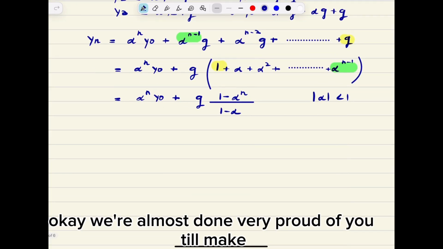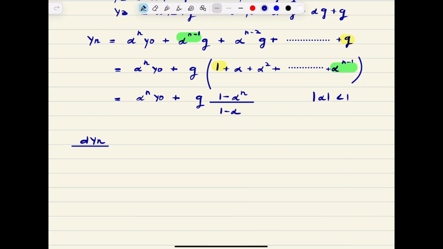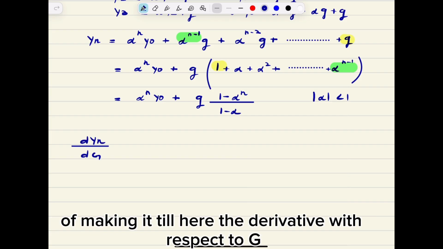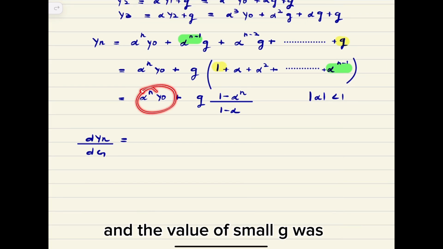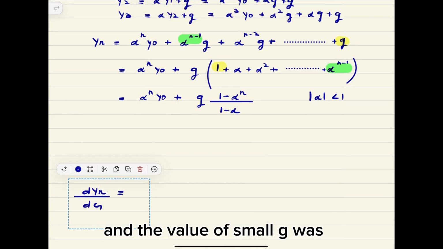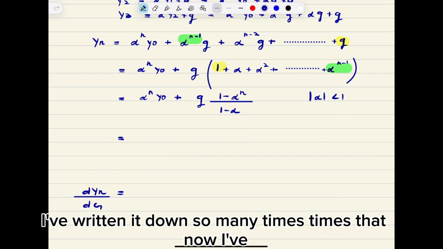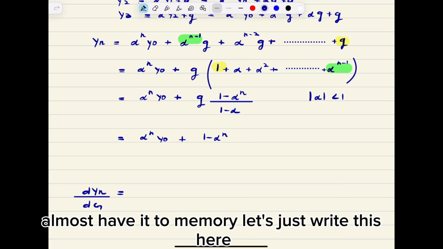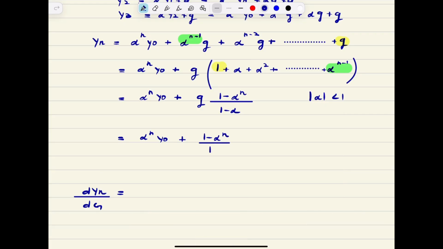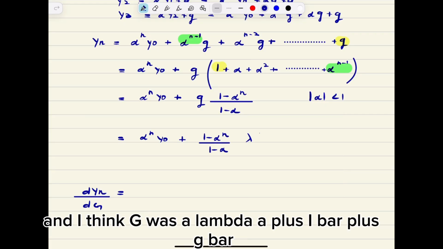Okay, we're almost done. Very proud of you for making it till here. For the derivative with respect to g, remember this is a constant, and the value of small g was, I've written it down so many times that I almost have it memorized, lambda a plus I bar plus G bar.